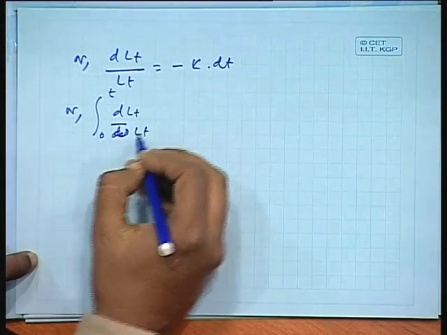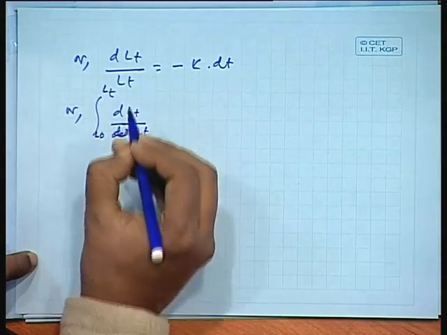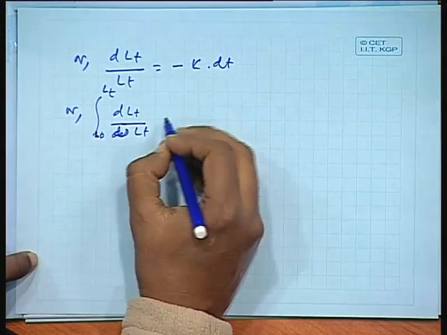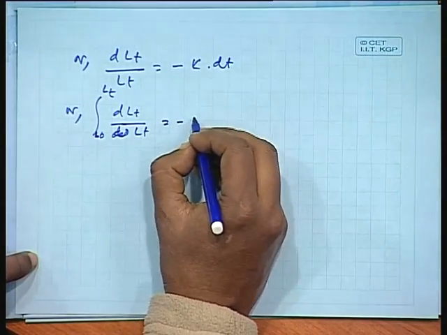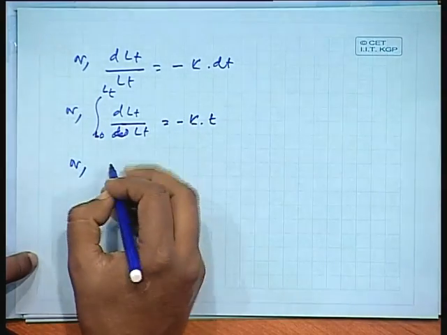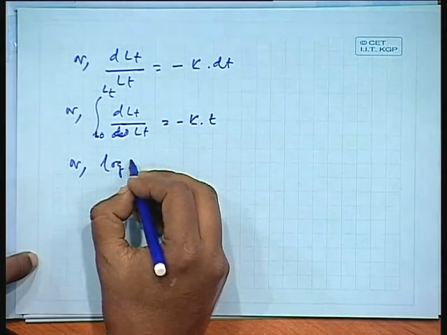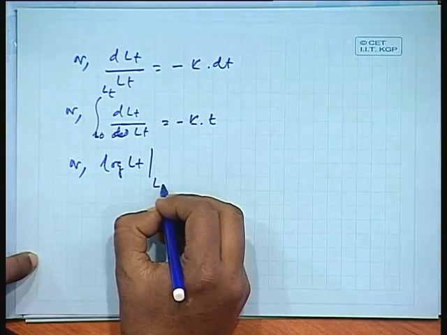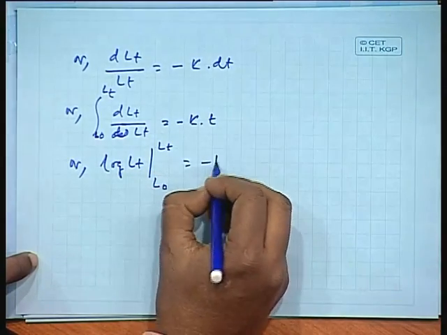Here it would begin from L0 into t, when there is no demand, and this one is minus kt. So, here it is log LT, from L0 to LT, and this is minus kt.